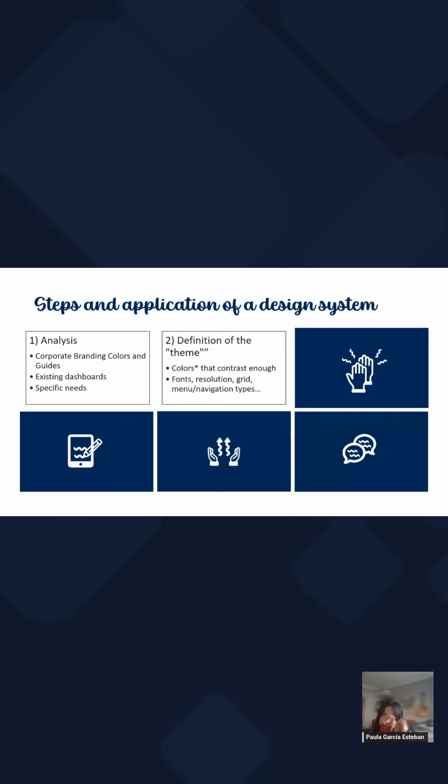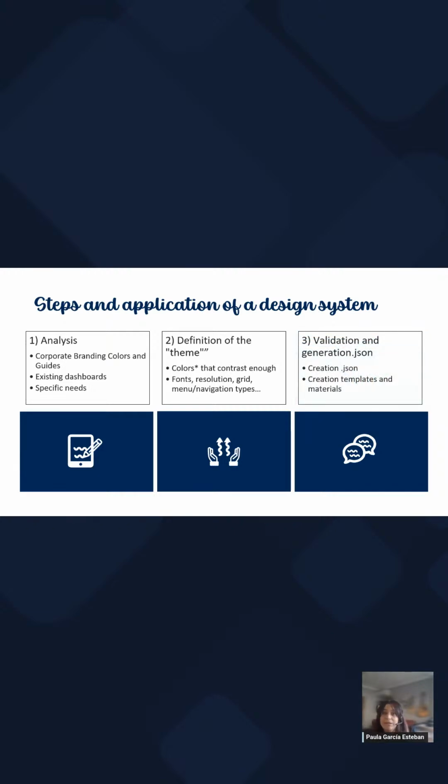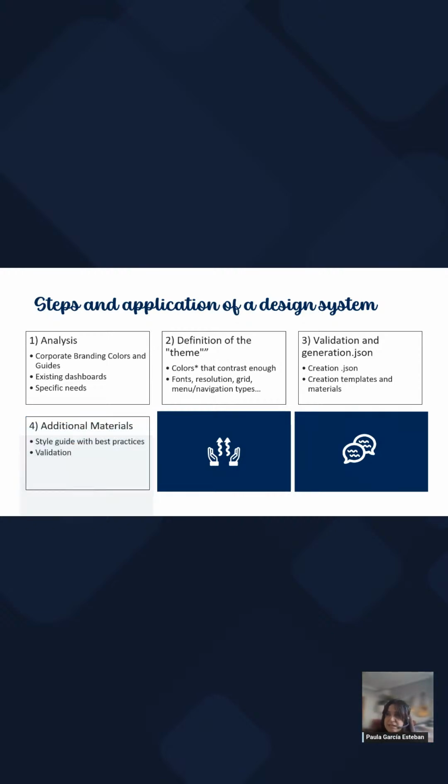So I sometimes adjust the colors a little bit and define the fonts, the resolution, the grid, the menu, the navigation, everything. Then I validate with all the stakeholders, all the parts: marketing, communication, data managers. Then I create the themes, I create all the templates, all the materials, then the additional materials, these style guides with all the rules, all the details they need to take into account, and how they will test everything.